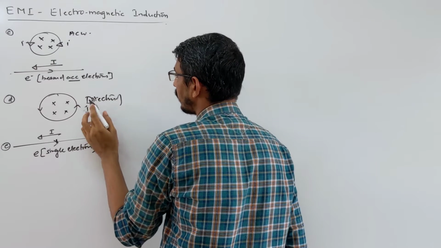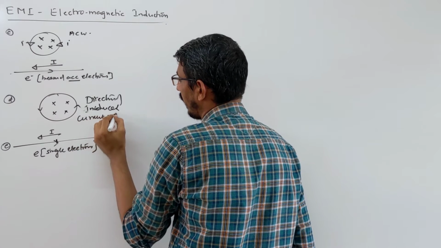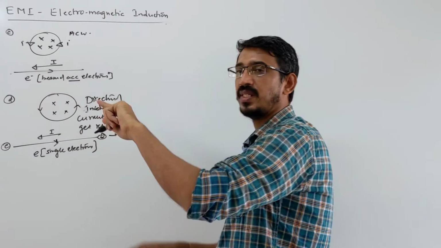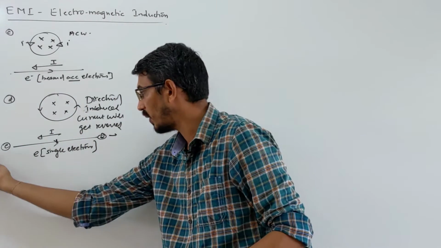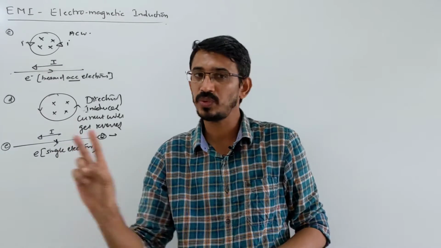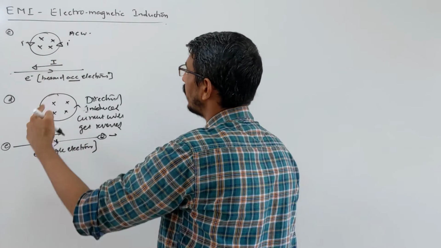When it's coming close, flux is increasing; now it is going away, flux is decreasing. So two cases will happen here. Okay, hope you understood all these questions.